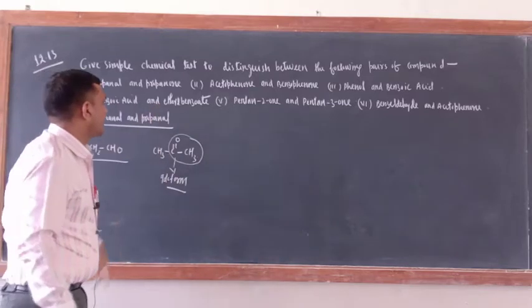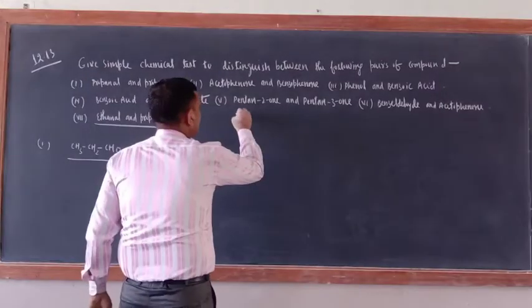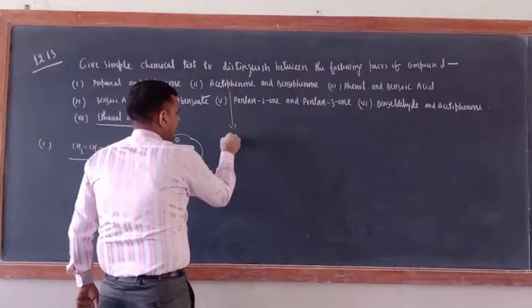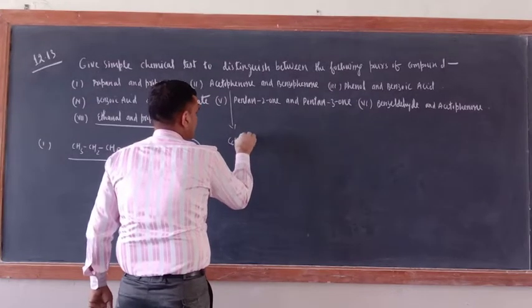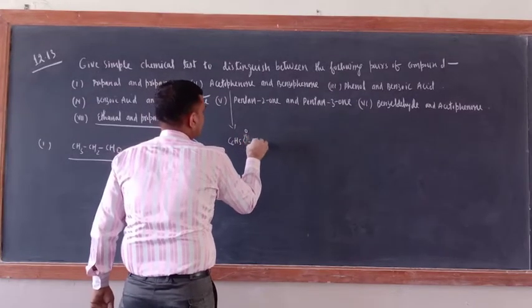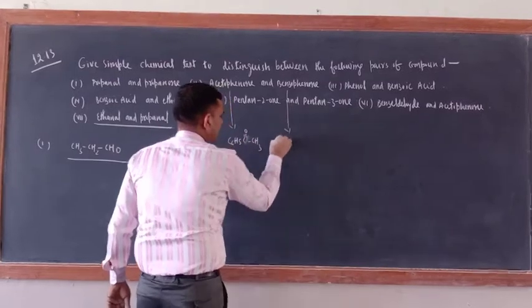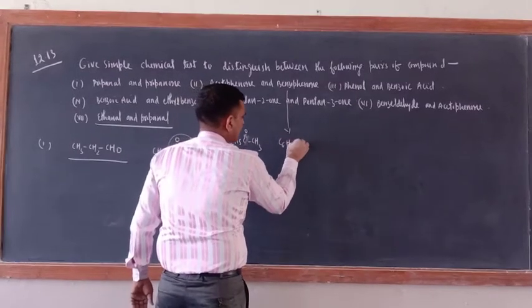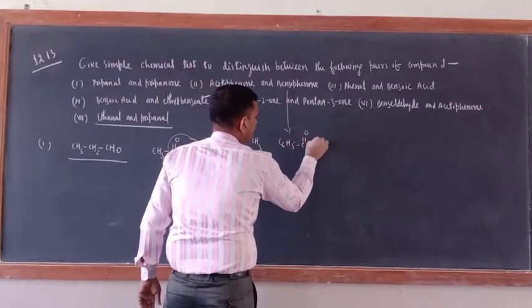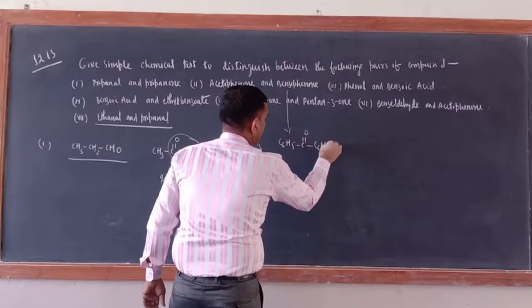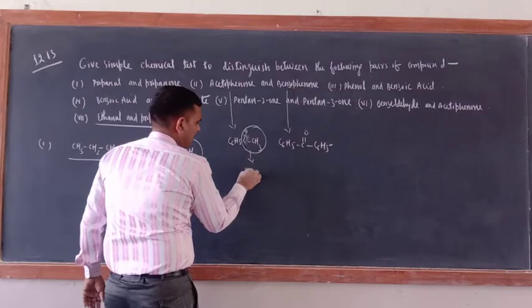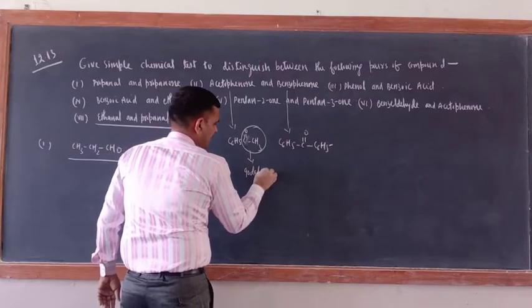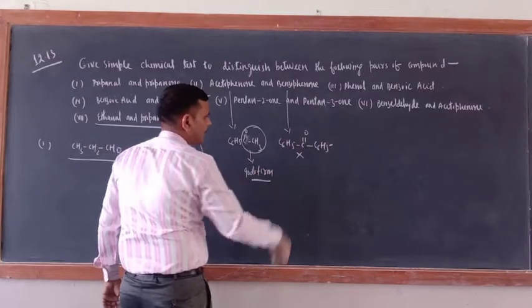Now the next one is acetophenone and benzophenone. Acetophenone is C6H5 C double bond O CH3, and benzophenone is C6H5 C double bond O C6H5. Here the CH3CO group is there, so this will give the iodoform test, and this will not give.